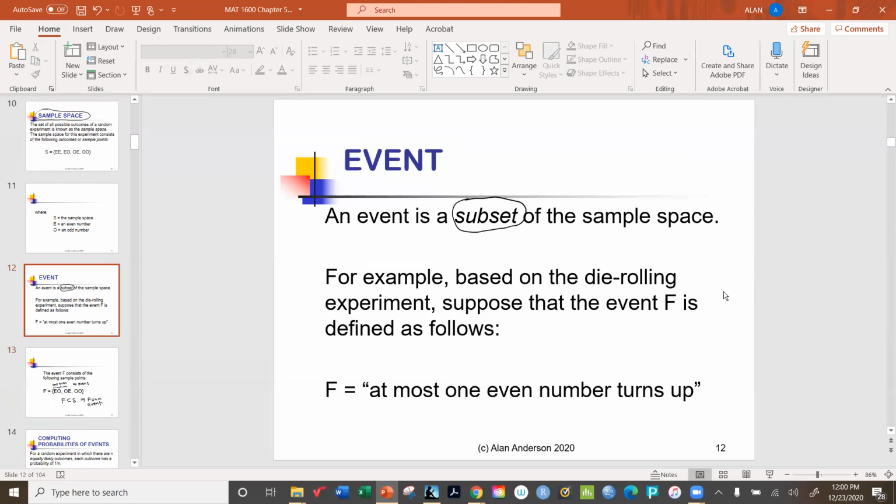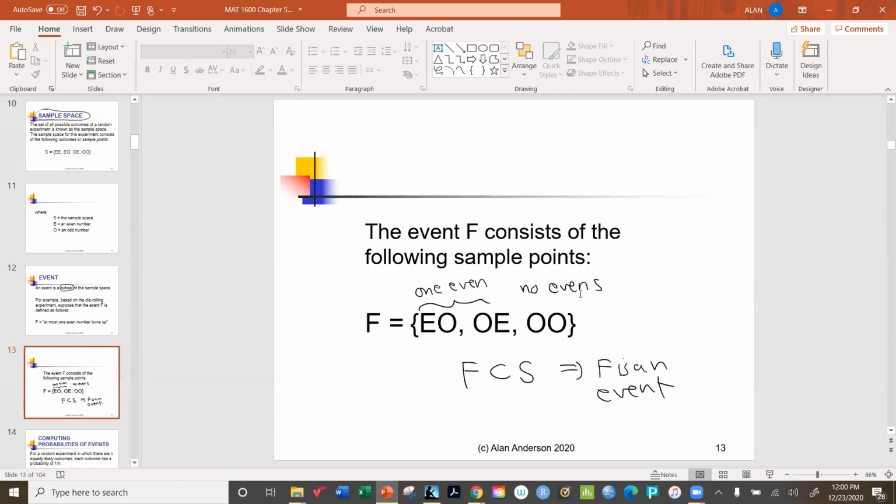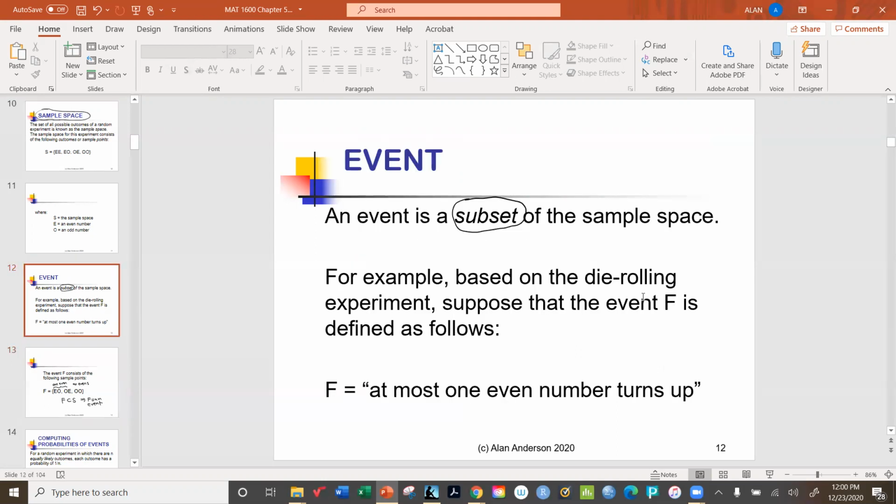Oh, because at most 1 means either 1 even or no evens. Imagine that your mother says, here's a $20 bill. You can spend at most $20. That means you can spend $20 or less. So here at most 1 means 1 even number or less than 1, which would be 0 in this case.